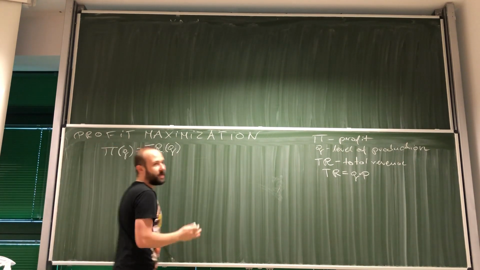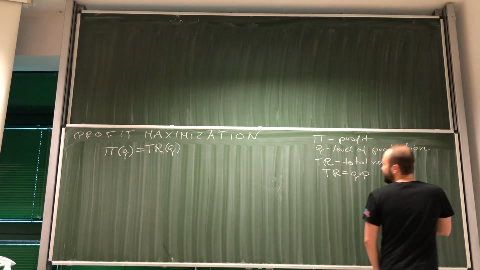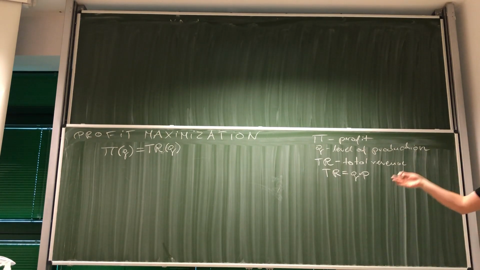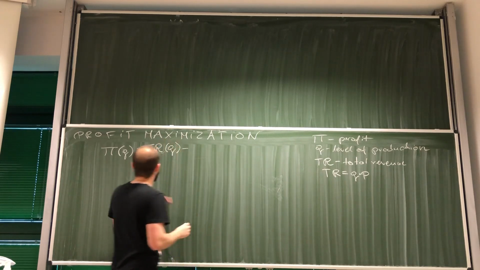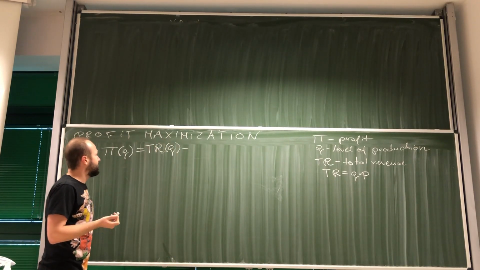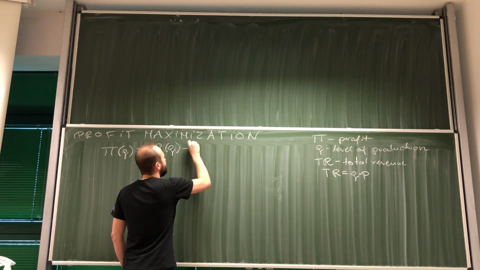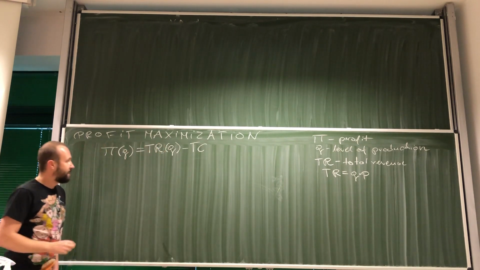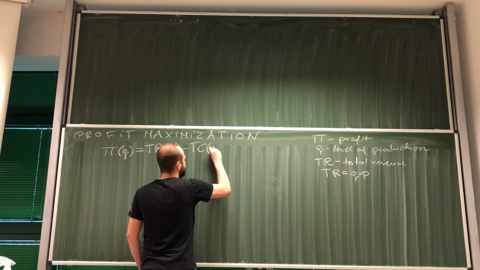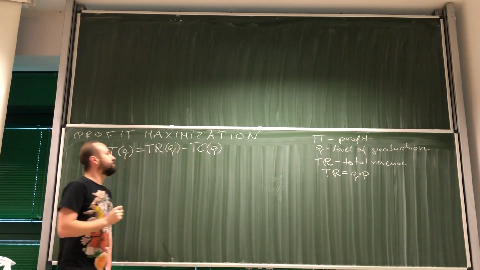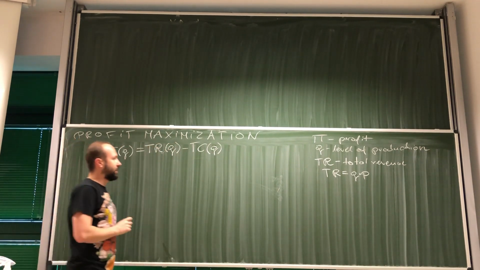Okay, so now we have everything the company makes, but the company also needs to spend money. So, in our case, we also need to introduce total cost. And we are also assuming that this total cost can be expressed as a function of the level of production alone.